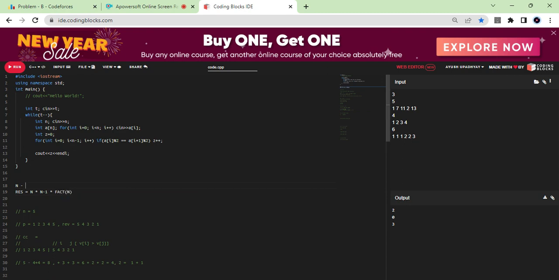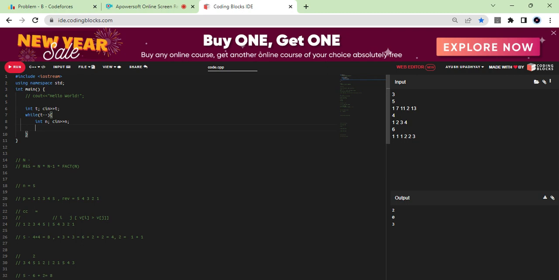Now factorial, you can do it over here, you can do it anywhere. T number of test cases, number n is given to you, and let's do factorial first. Let's say int fact is equal to 1.